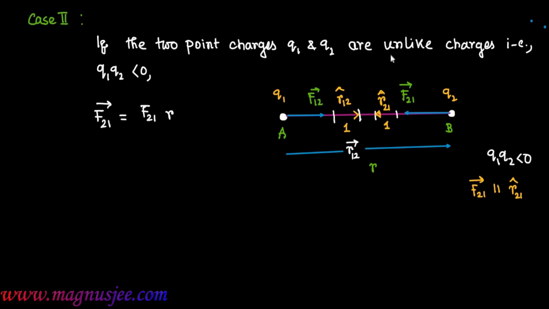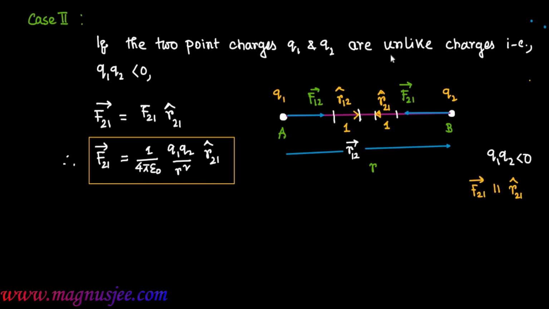That's why in the expression of vector F21 we can write only F21 R21 cap. That means the force vector is equal to the magnitude of the force vector times the unit distance vector: 1 by 4 pi epsilon 0 q1 q2 by r square r21 cap. That is the expression of vector F21, and this is Coulomb's law in vector form under case 2.